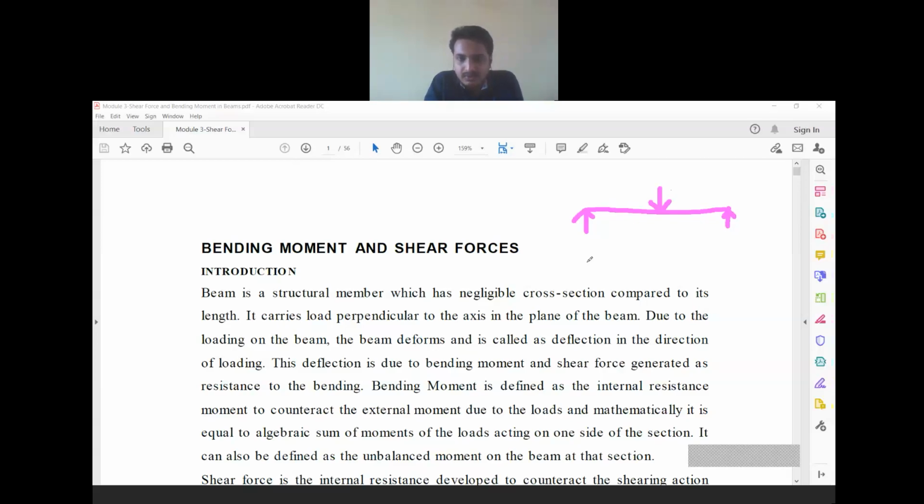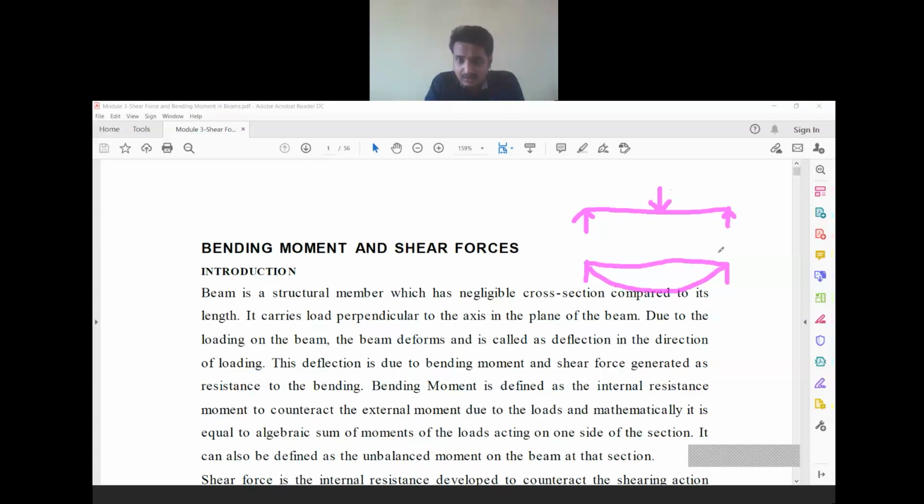This beam will show some reaction because of the external loading. For this example, if I have this type of loading, your beam would deflect like this. You can understand. So your beam would deflect like this.